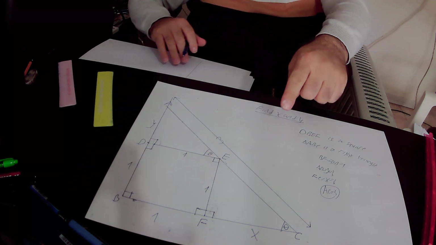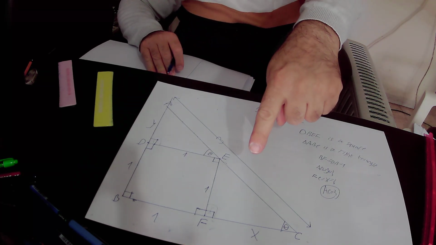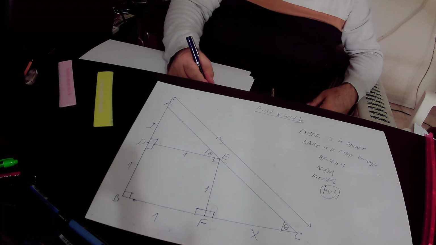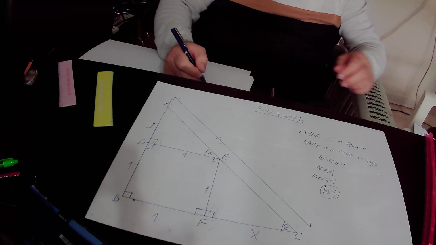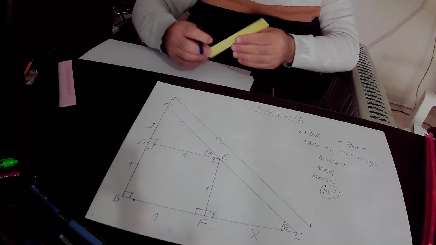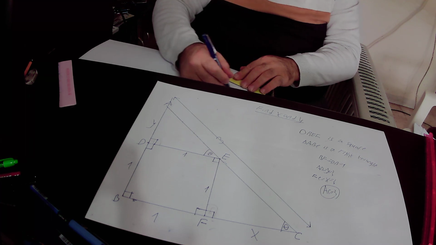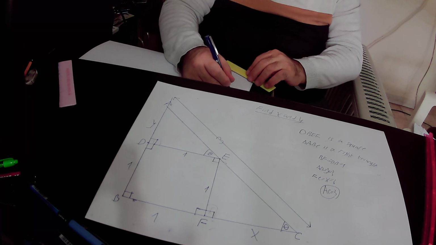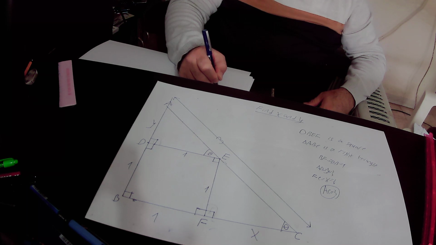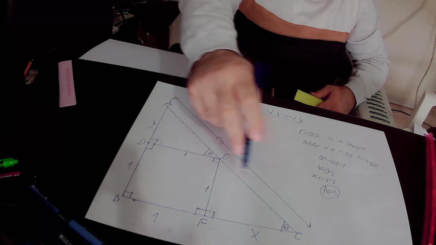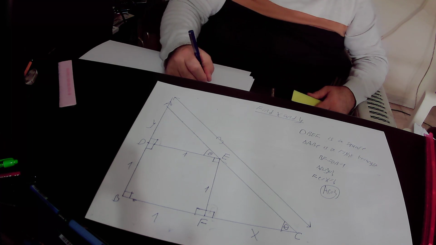In the next step, we will focus on the right triangle, triangle EFC. In the right triangle, triangle EFC, we know that tangent theta equals EF over FC.